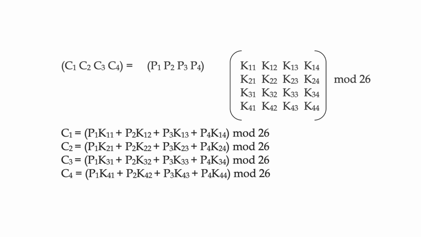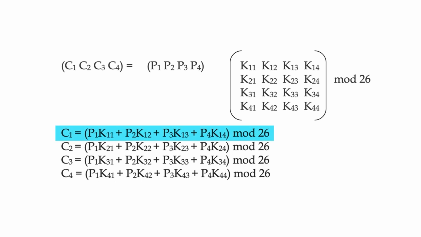Therefore, C1, C2, C3, C4 equal P1, P2, P3, P4 multiplied by the matrix K, that is K11, K12, K13, K14 up to K41, K42, K43, K44, mod 26.